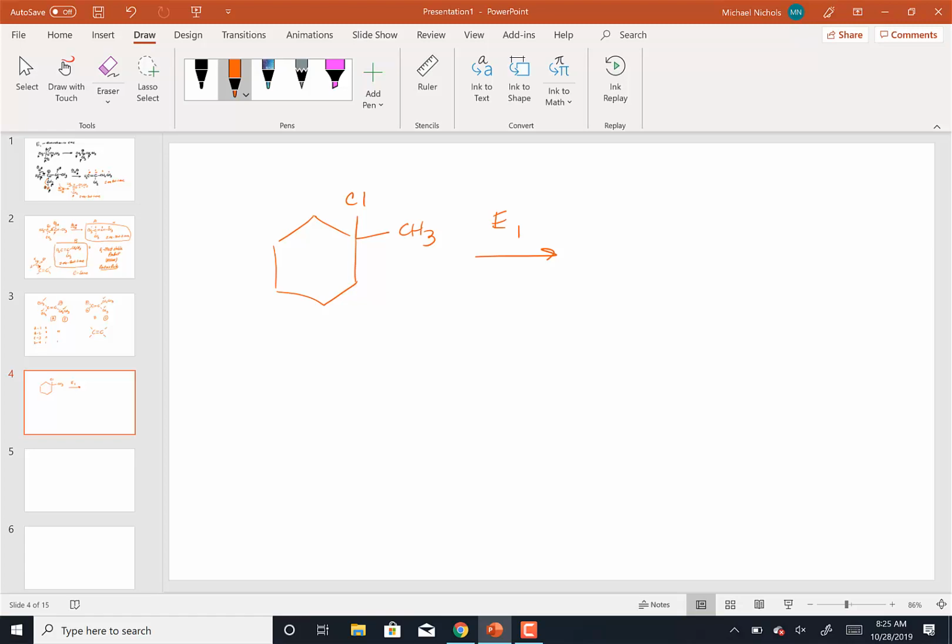So how many products do we have for this reaction, and what is the major product? Then I'll ask you for the products, and then we'll vote on the major one.